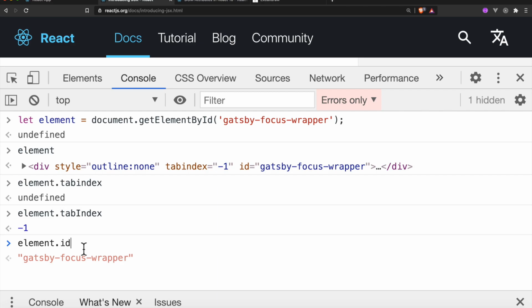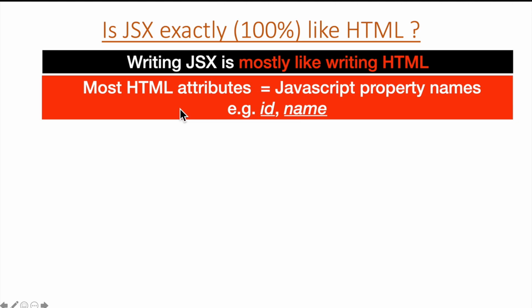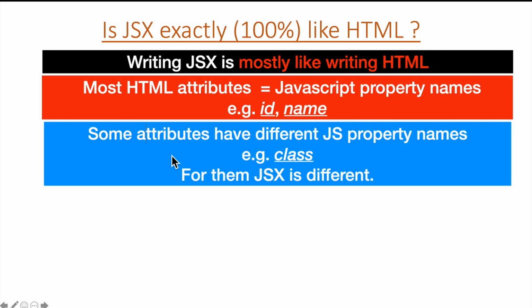So some HTML attributes have JavaScript properties with the same name, like id, while there are other HTML attributes which have different JavaScript property names, like tabindex. Most HTML attributes have the same JavaScript property names, for example id, name, etc., while some attributes have different JavaScript property names, for example class. For them, JSX is different.